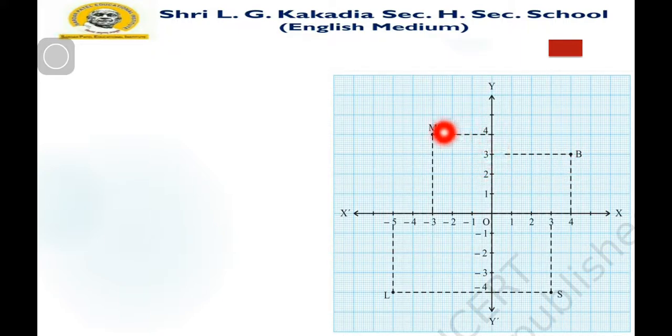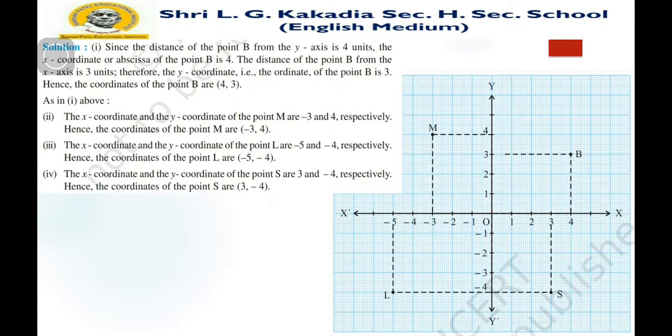As well as all these points you can see here, the distance of point B from the y-axis is 4 units. Here you can see it is the y-axis. The distance from the y-axis is 4 on the x-axis.